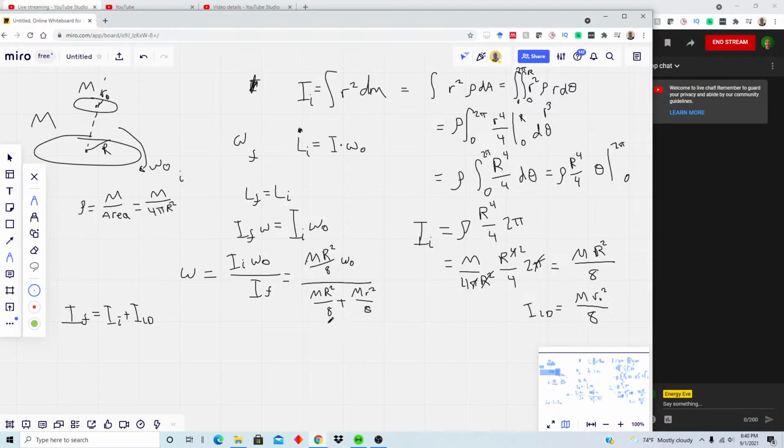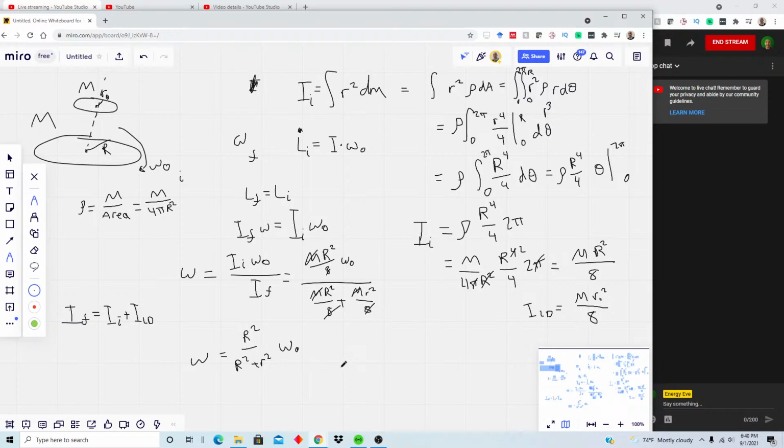We can multiply top and bottom by 8 and get rid of those. We get rid of these M's, and what we're left with is R squared over R squared plus r squared omega naught.